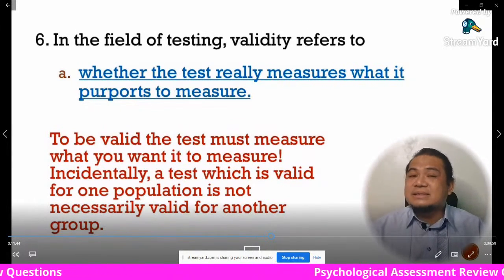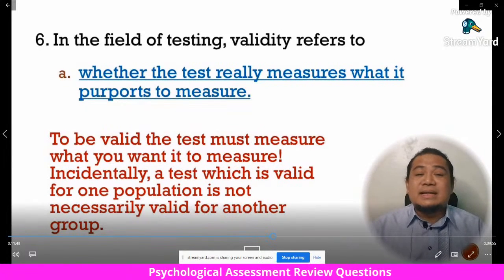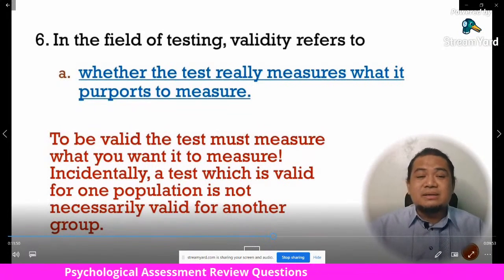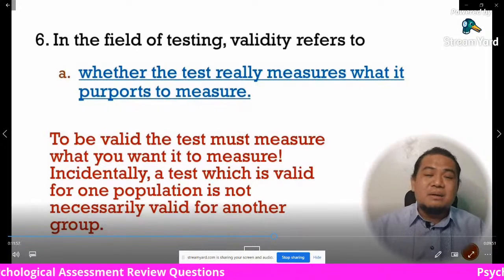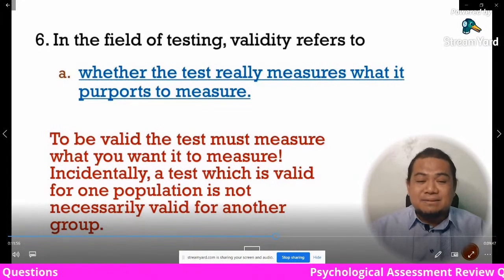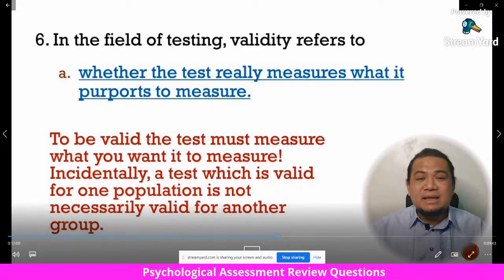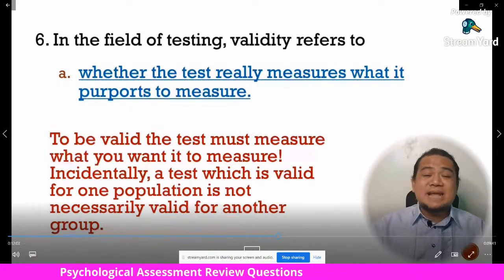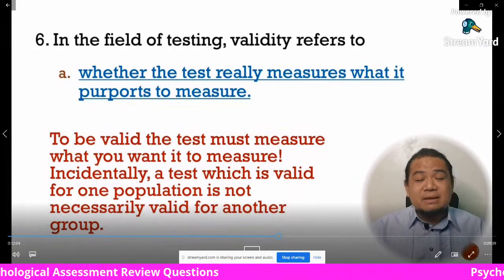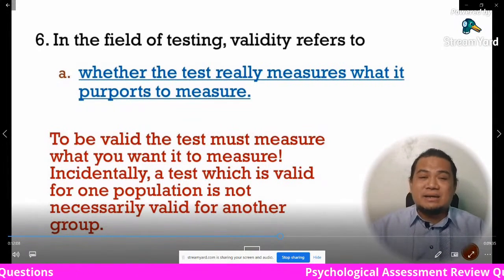And third is concurrent validity, which deals with how well the test compares to other instruments that are intended for the same purpose. Fourth, predictive validity is also known as empirical validity, which reflects the test's ability to predict future behavior according to established criteria.